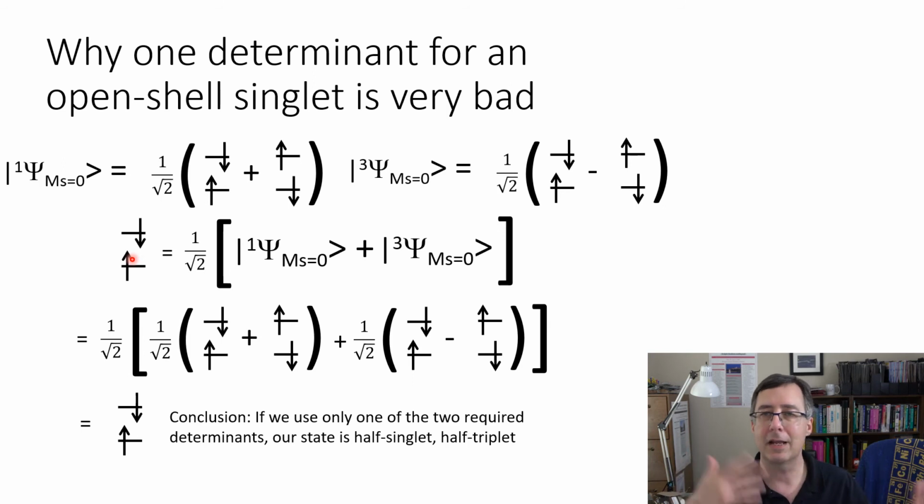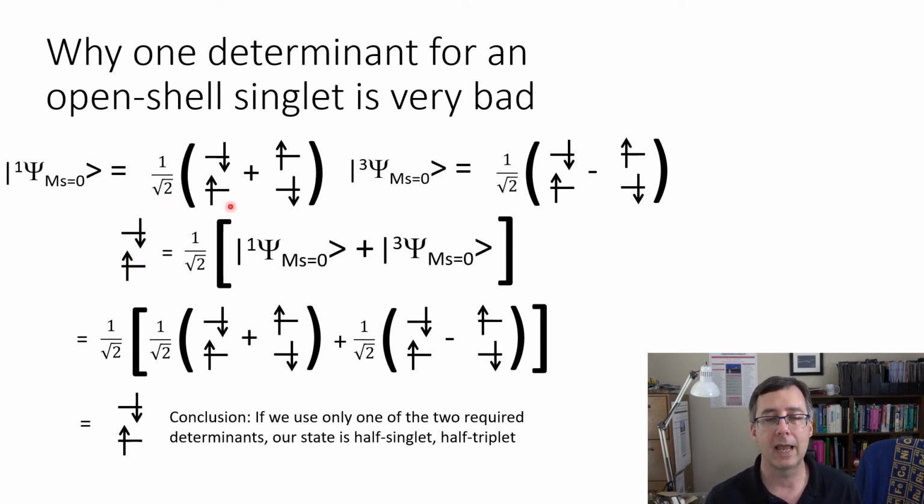It's like some kind of hybrid monster of part triplet, part singlet nature. And if you were interested in using this to compute any properties that had anything to do with the spin, then potentially they could be garbage because it doesn't have a spin. It has half this spin and half that spin.